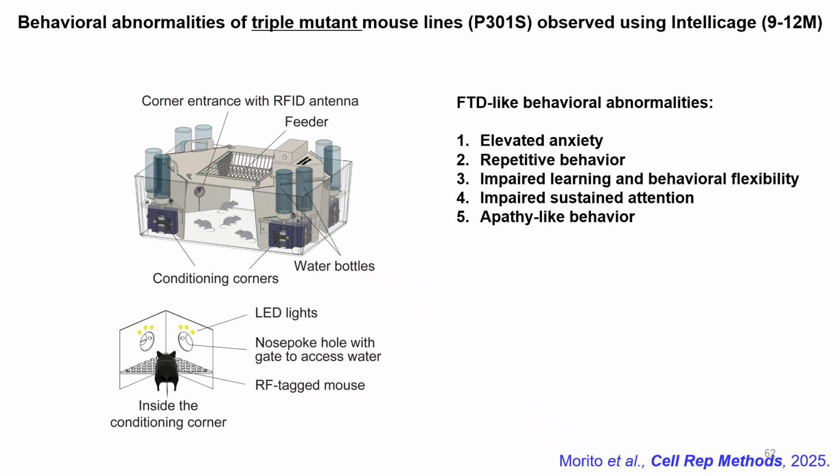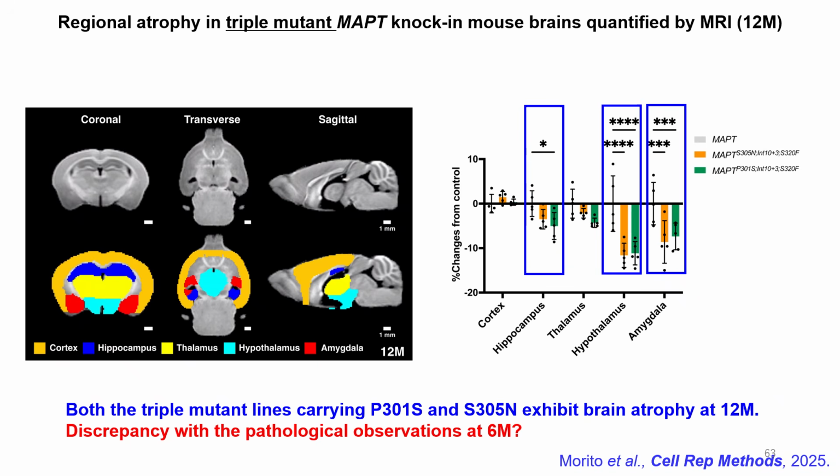We also observed regional atrophy in the triple mutant mice by MRI at hippocampus, hypothalamus, and amygdala at 12 months. Interestingly, both the triple mutant lines carrying P301S and S305N mutations exhibited brain atrophy in a similar manner, indicating a discrepancy with the pathological observations in these mouse lines at 6 months, as you saw in the previous slides. This discrepancy remains an open question and may imply presence of distinct pathogenic mechanisms.